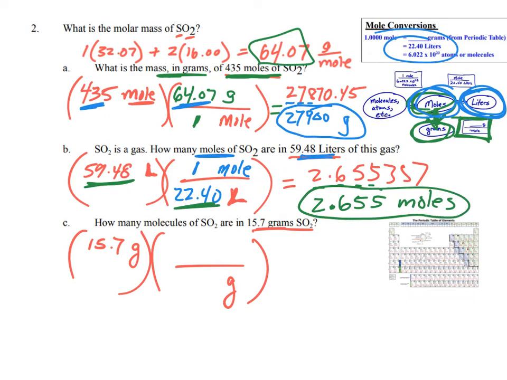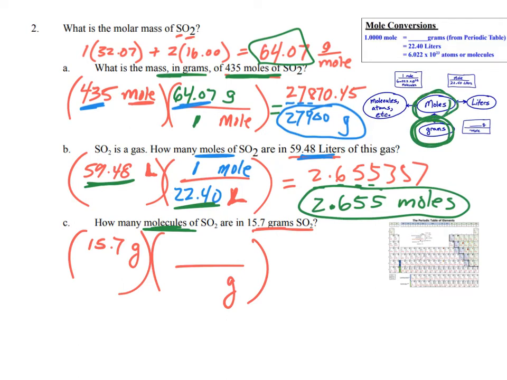Question C. I'm starting with 15.7 grams, and I want to convert that into molecules. Looking on this little chart, I'm going to have to go from grams to moles, and then from moles to molecules. I'm going to have 2 steps in this problem. So I'm going to have another parentheses to go right in there.